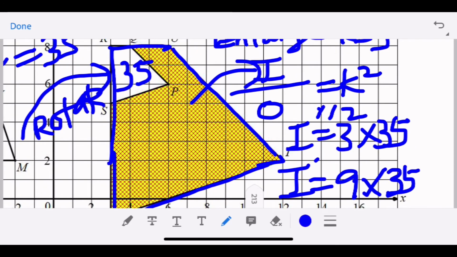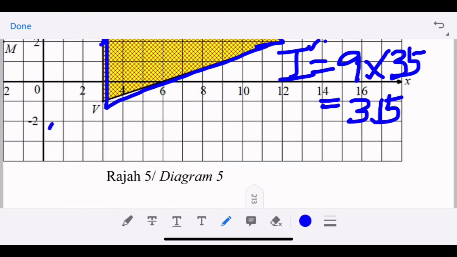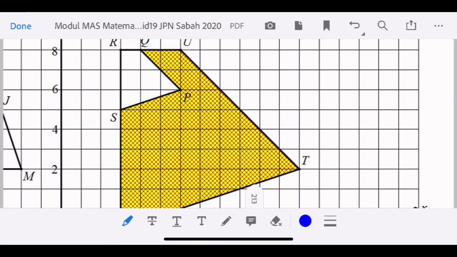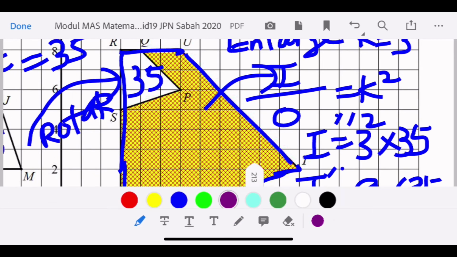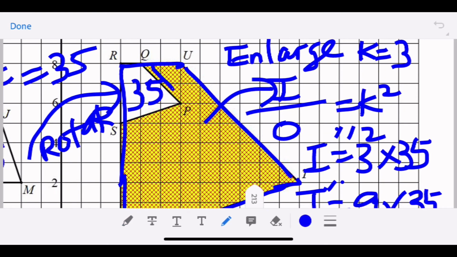So you have the area of the image is 315, but you want the area of the shaded region, right? So you have to take 315 minus the area of the object, which is 315 minus 35. What's the answer? Now you can find the answer for me. Alright, so 315 minus 35 is 280, right?